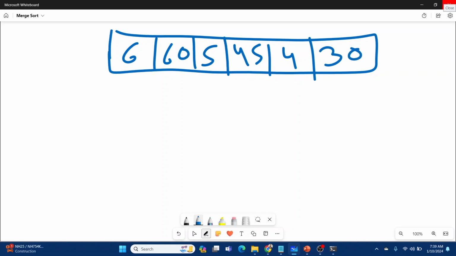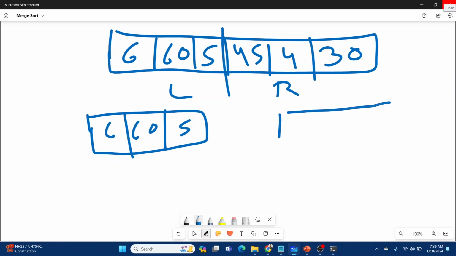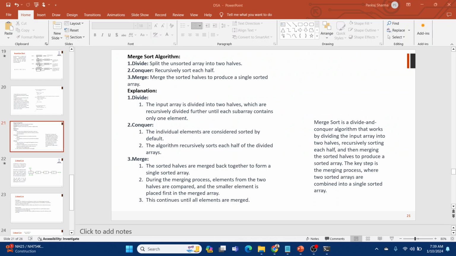First, we will divide this array into two parts, left and right. When we divide it into two parts, it will look like this: 6, 60, 5 on the left, and the right part will be 45, 4, 30.